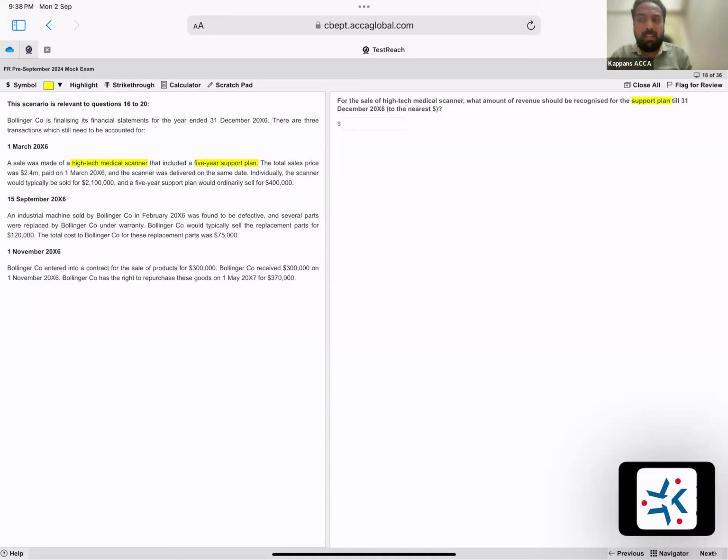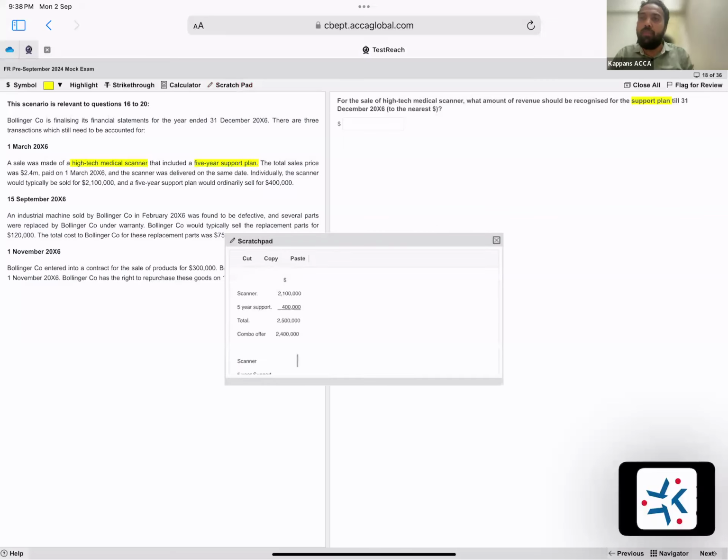We have already identified that this is a combo offer. So in the case of a combo offer, there is a medical scanner and a 5-year support plan. They're asking how much revenue should be recorded.